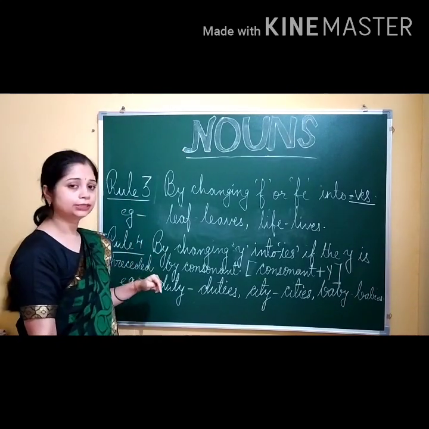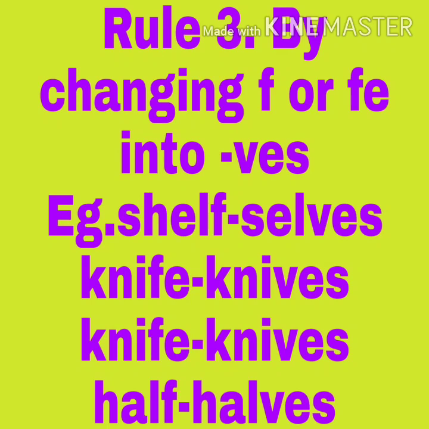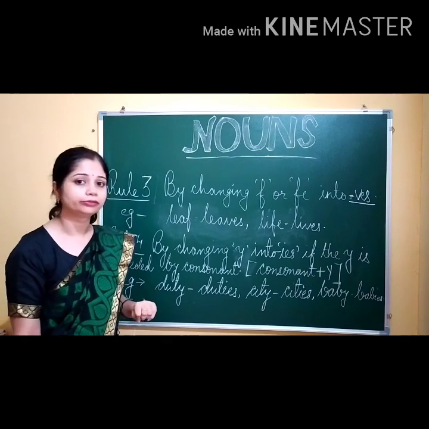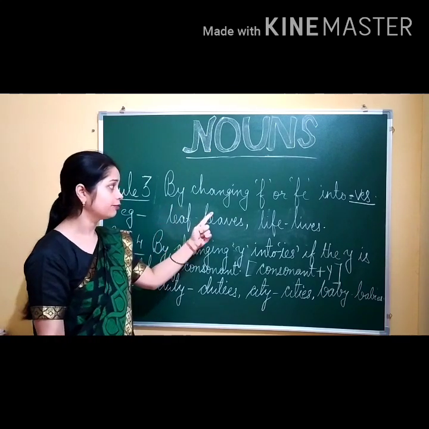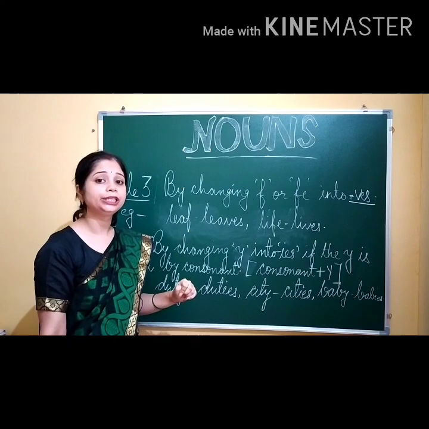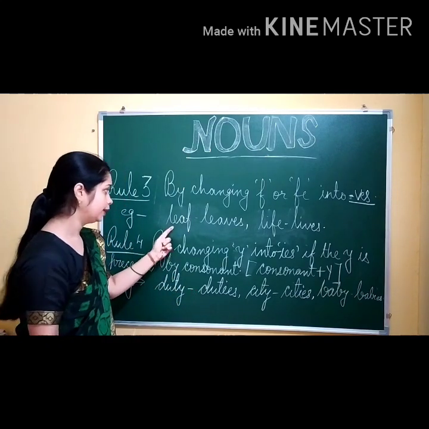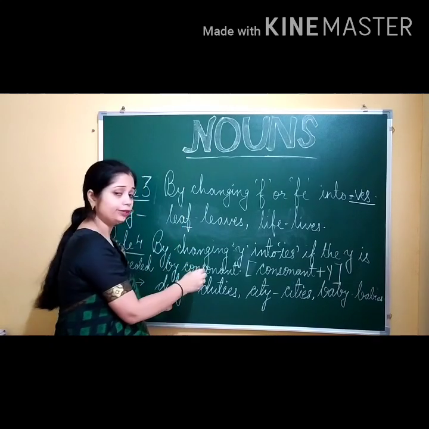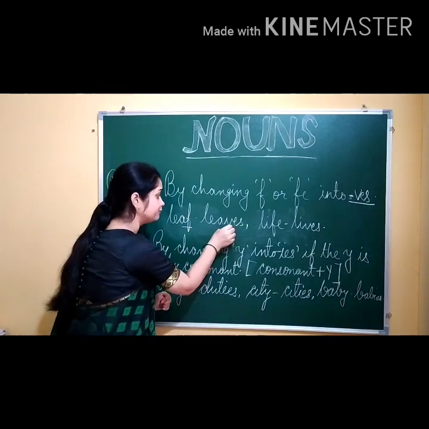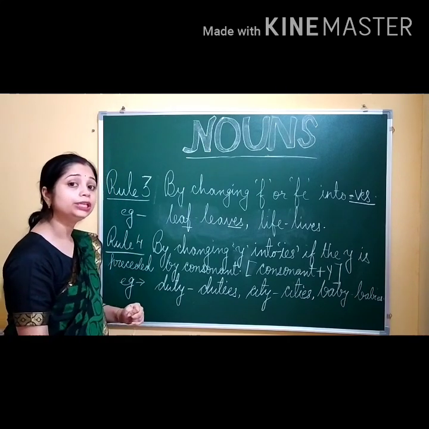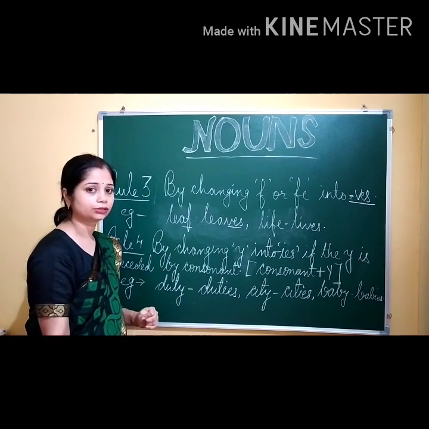Rule number 3 states that we can change the singular form of a noun by changing f or fe into ves. Let's take a few examples. Leaf ends with f and we have added ves and it has changed its form to leaves, that is a plural one.